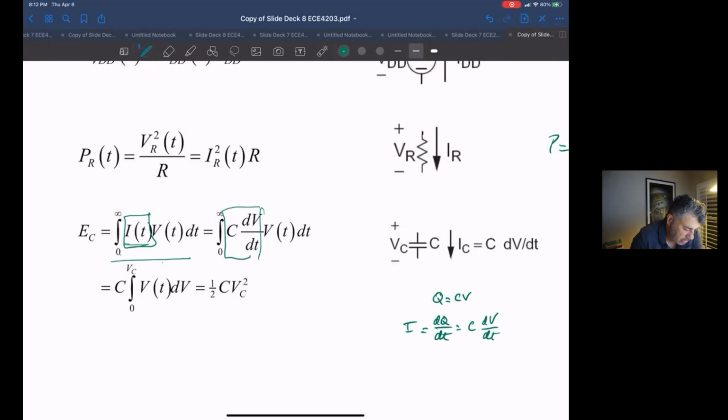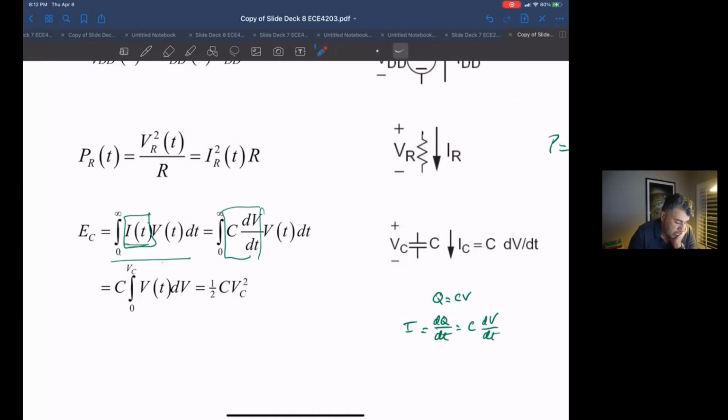Okay, and integrate. This is in terms of time, but if we're asking how much energy it takes to charge this capacitor to a certain voltage, we can integrate over the limits of the voltage instead of time, because we're just charging up or down.